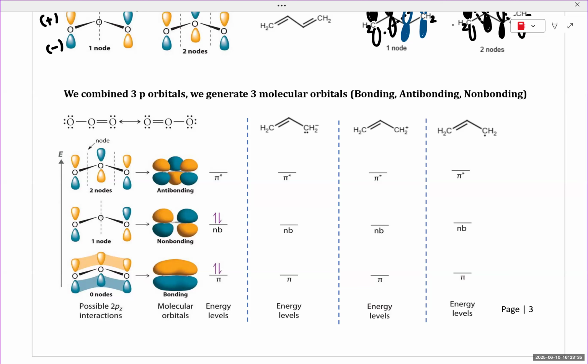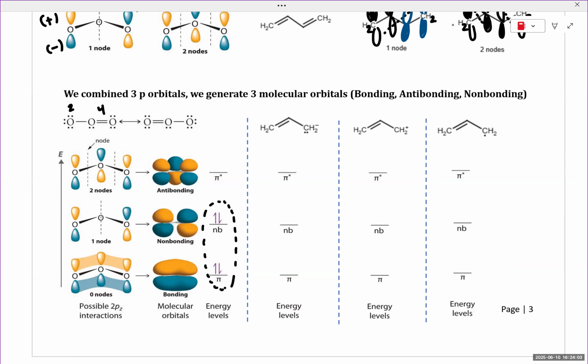As you increase the number of nodes, the orbital energy increases. We then take our pi electrons, in which case we have 4 pi electrons, and that's why when we fill our molecular orbital diagram, we fill it with 4 electrons in total.